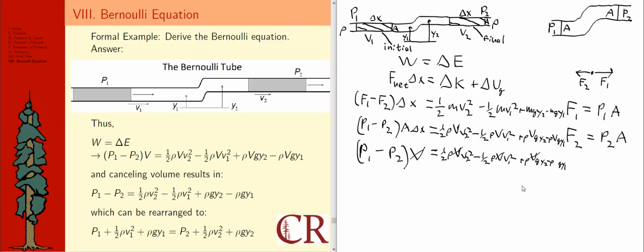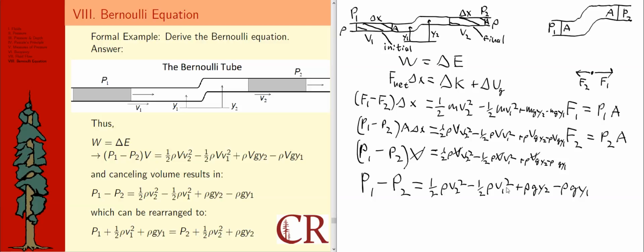And then what remains is P1 minus P2 equals 1/2 rho V2 squared minus 1/2 rho V1 squared plus rho g y2 minus rho g y1.